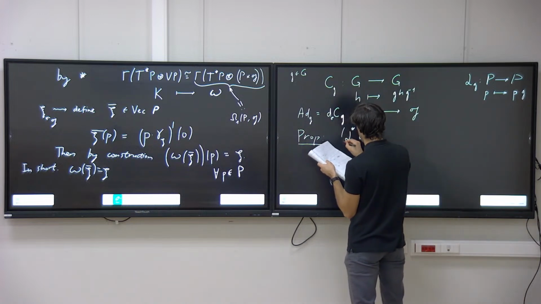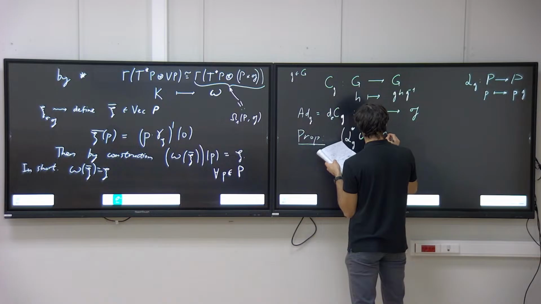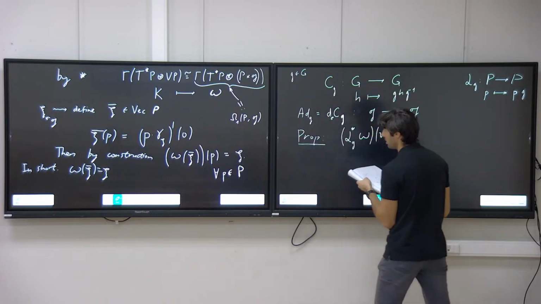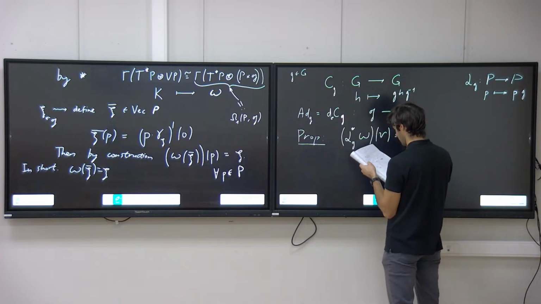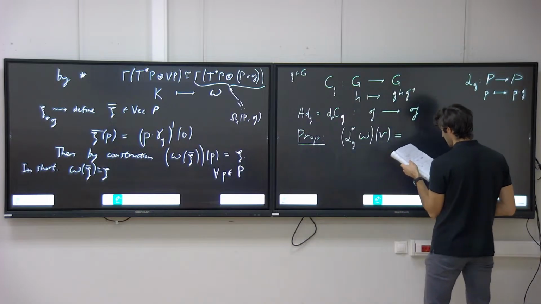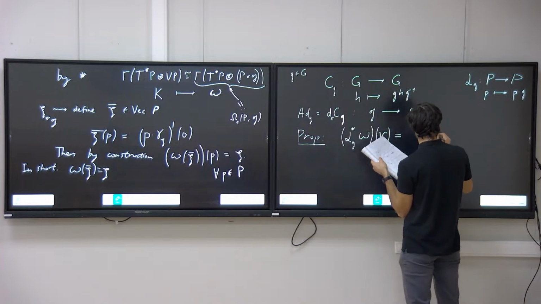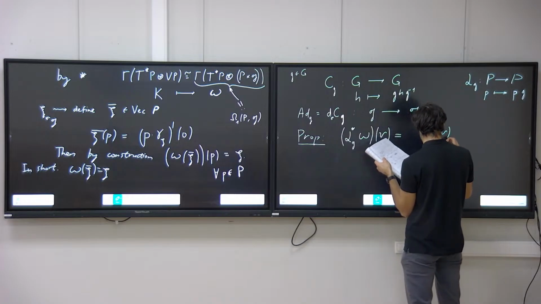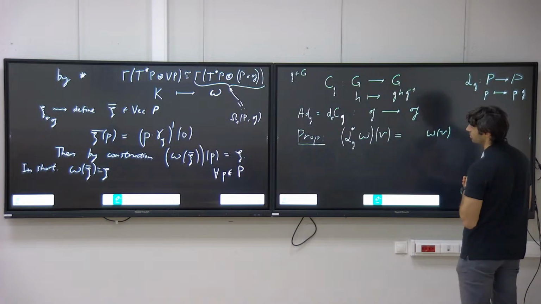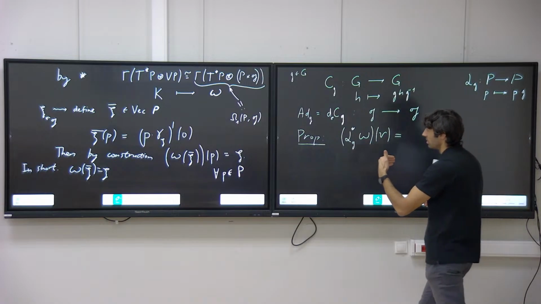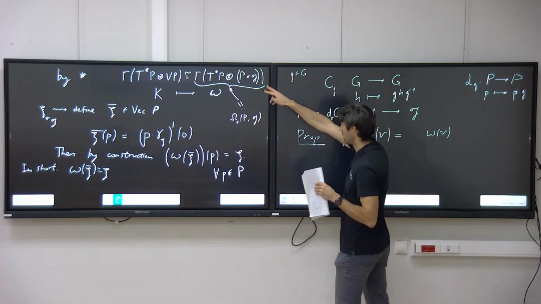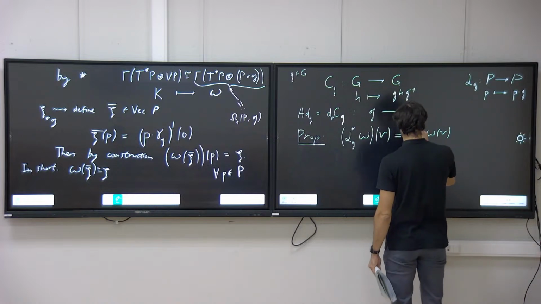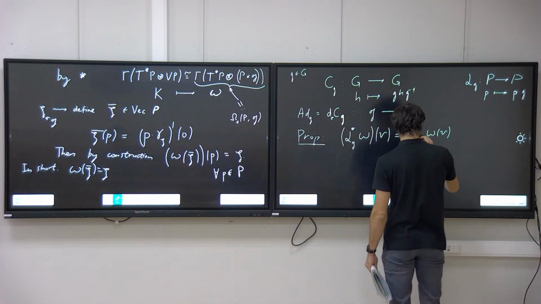If you evaluate it at some vector field V on P, this is the same as taking omega of V, which is again a Lie algebra valued function on P, and applying Ad_G to it.